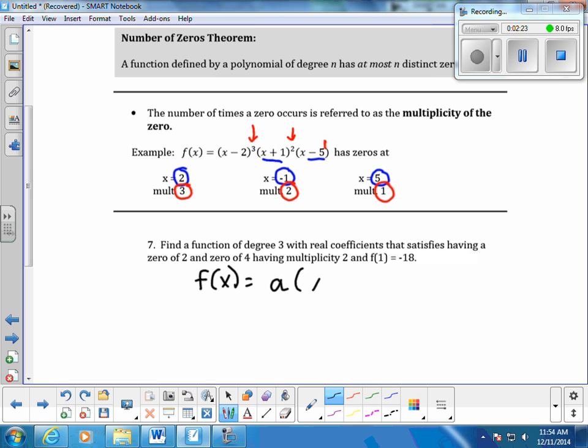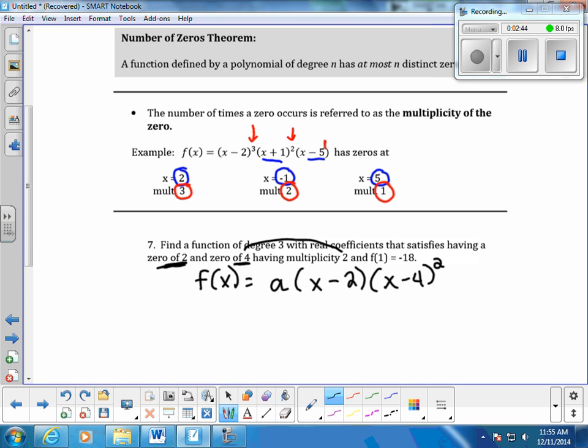So we have x minus 2 because it has a zero of 2. And then it has a zero of 4, so that's x minus 4, but the 4 has a multiplicity of 2, so that's squared.